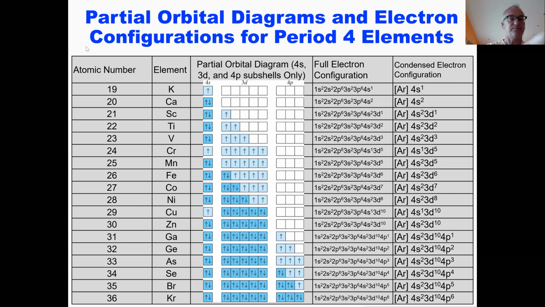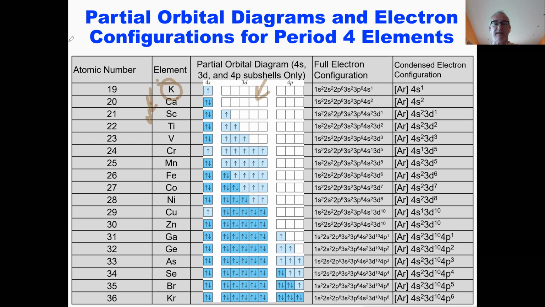For instance, watch what happens. We start with potassium, and we have calcium and scandium, and everything sort of starts to make sense. We're adding these one at a time. Notice that 3D is at a higher energy than 4S.